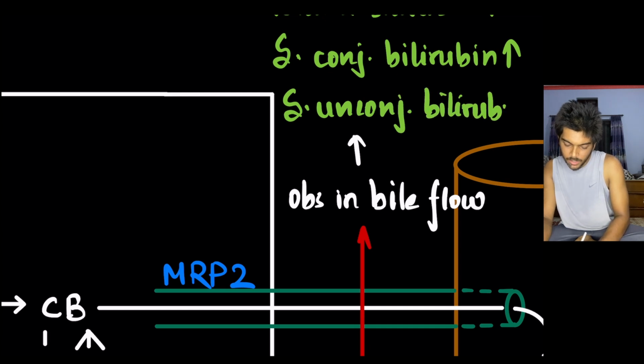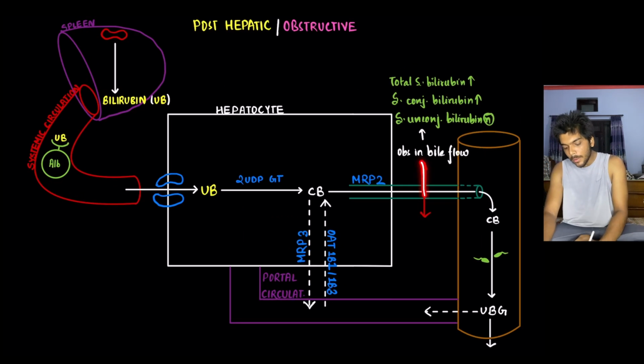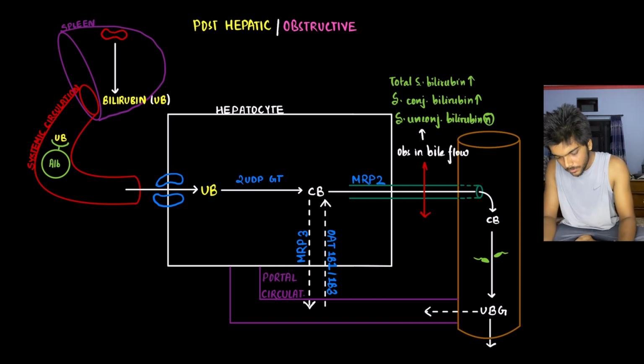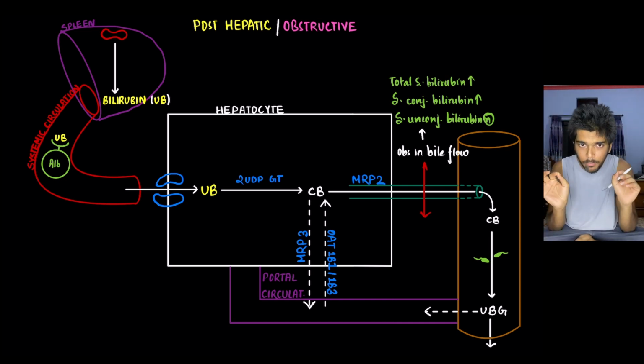That's because the process of hemolysis is normal. It's just that there is obstruction in the biliary outflow. So the conjugated bilirubin can't escape into the duodenum. So it is pushed back into circulation. Accumulation of conjugated bilirubin in circulation, an increase in conjugated bilirubin in circulation, resulting in conjugated hyperbilirubinemia. Okay, so that's there.